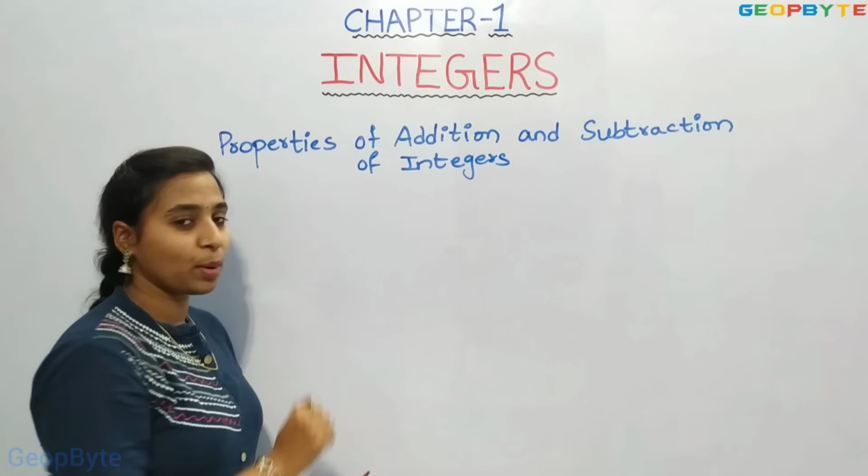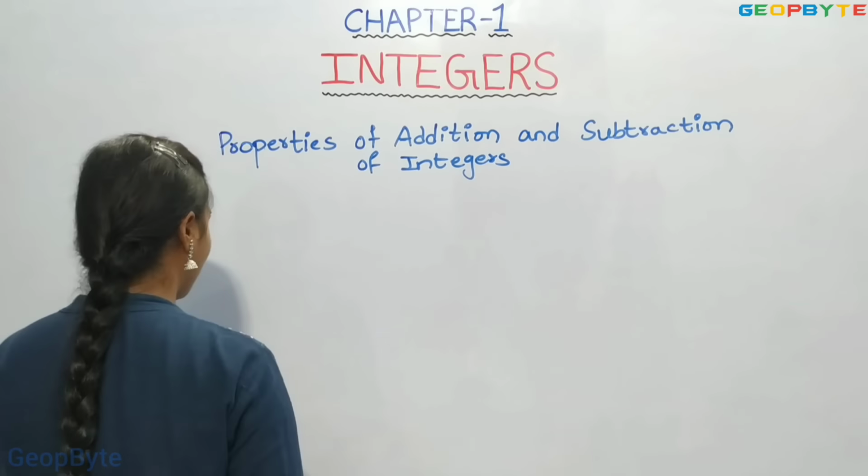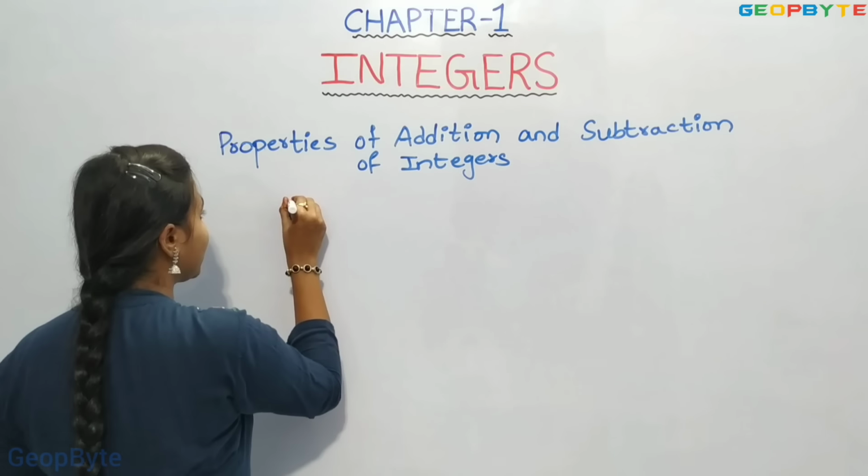Yes, in these properties, we have 2 properties. Let us go with the first one, the commutative property.